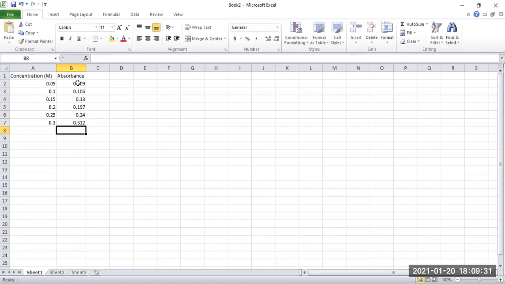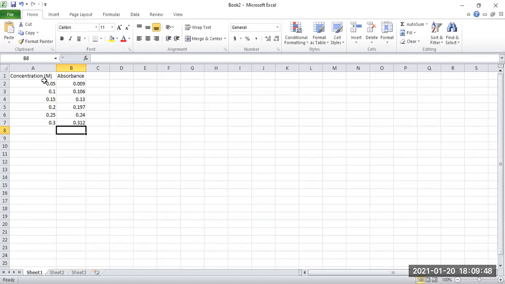All right. Absorbance doesn't have a unit. Absorbance is absorbance. It is a mathematical calculation of how much light passes through a sample.